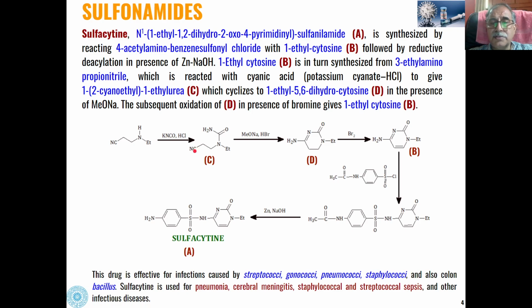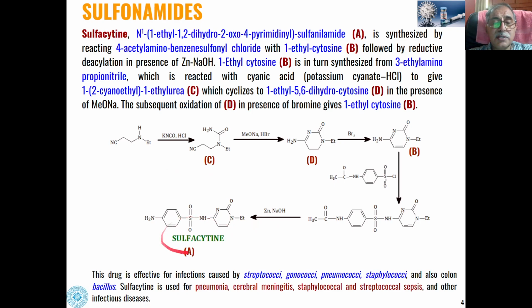Because of the presence of this cyano group, the hydrogens present at this carbon are acidic in nature, and they can act as active methylene group, and a condensation can take place over here to give us these types of dihydrocytosine derivatives. These dihydrocytosine derivatives in presence of bromine are converted first into the hydrobromide, and then dehydrobromination will take place to create this carbon-carbon double bond.